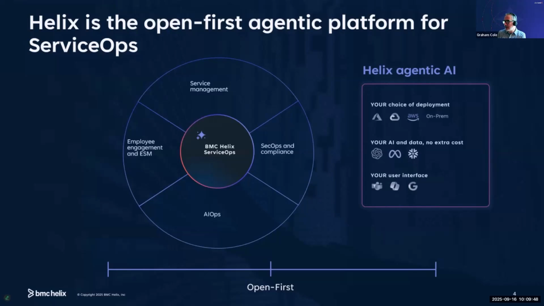The other thing is BMC Helix has an open, flexible AI architecture, and it allows it to deliver measurable productivity gains. So you get time to value quickly and you can see a fast return on investment. BMC Helix will also fuel enterprise-wide operational efficiency whilst reducing complexity.